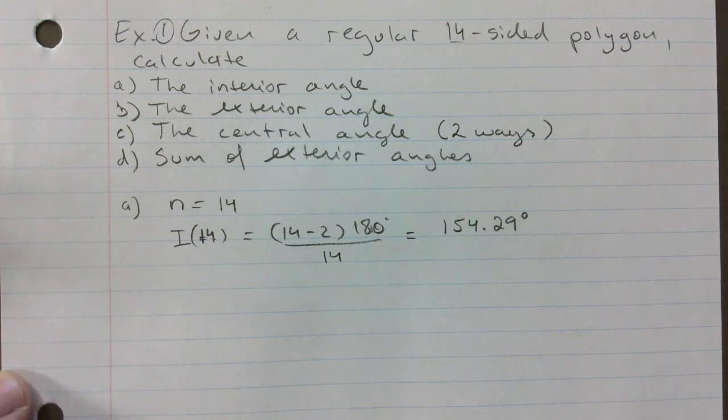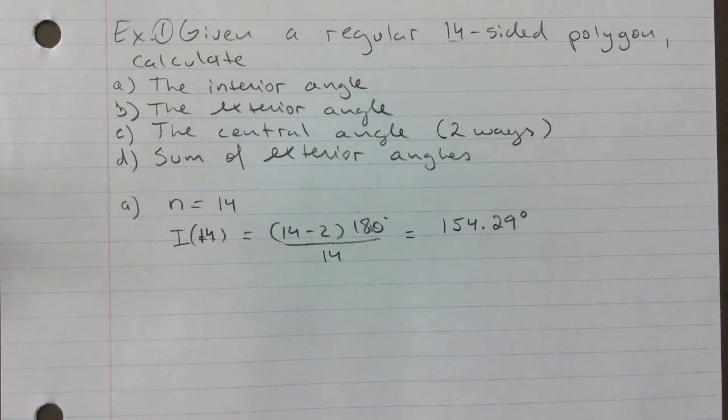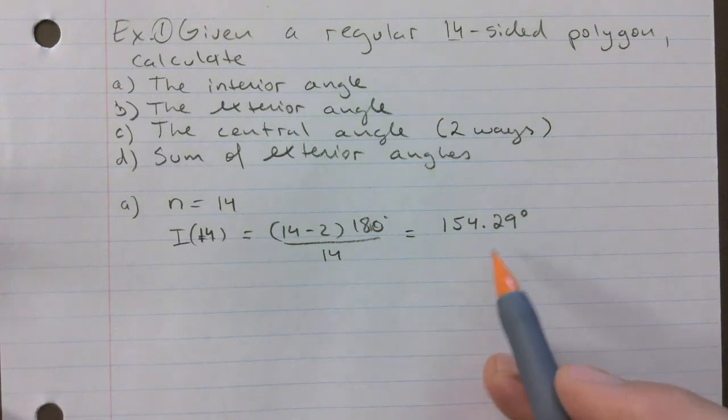Would you agree with this statement? The more sides it has, the bigger the interior angle will get? Sure, maybe, because the more sides you have, the more it becomes a circle ultimately. If you go into infinity, it would start looking like a circle. So you're getting closer and closer to 180, okay?